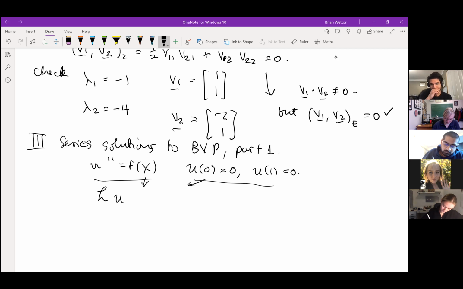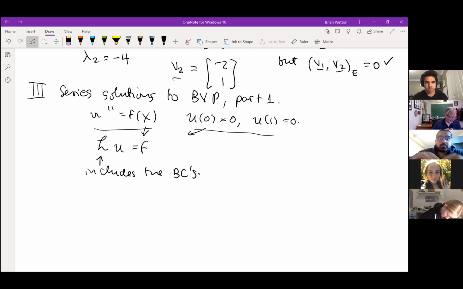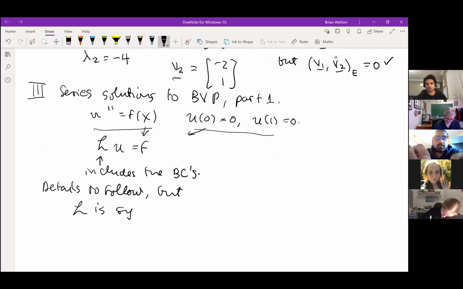It's L times U is equal to F. So this includes the boundary conditions. And in this way, it kind of looks like a matrix problem. Details to follow, but I'm going to say L is symmetric.